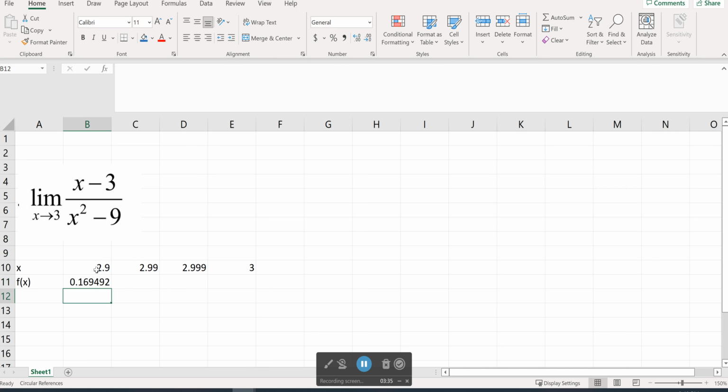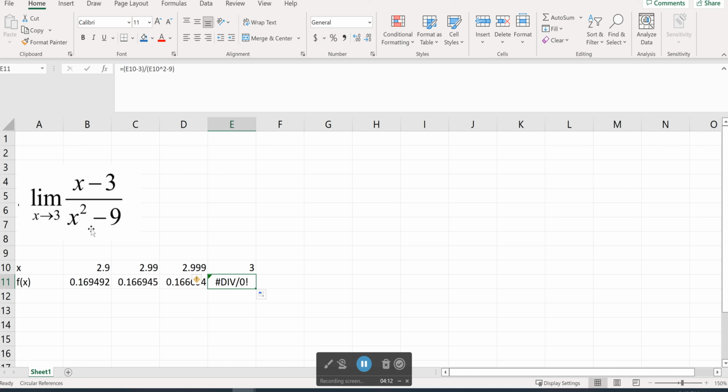So that's my f of 2.9, and I make sure to evaluate the other f of x's. And here you should be able to tell that our value seems to be growing towards the value 0.17 from the left.